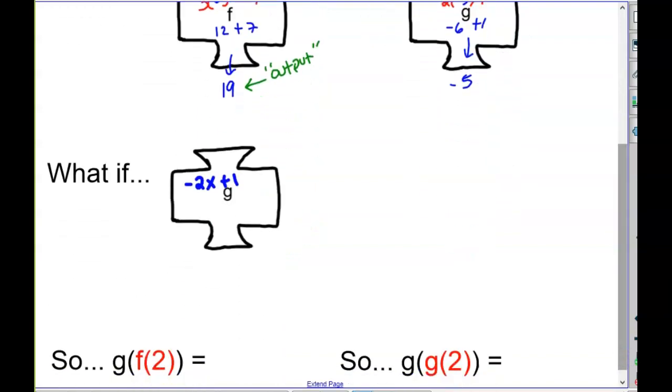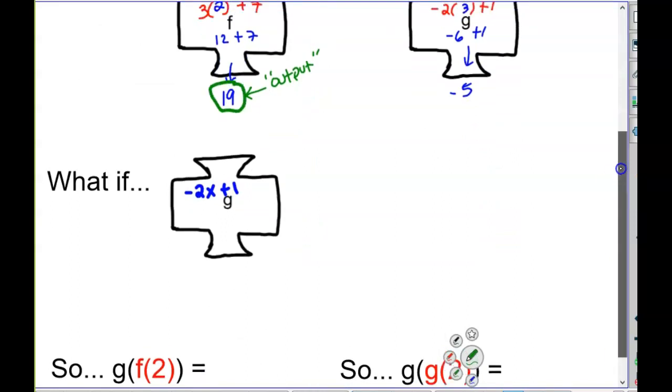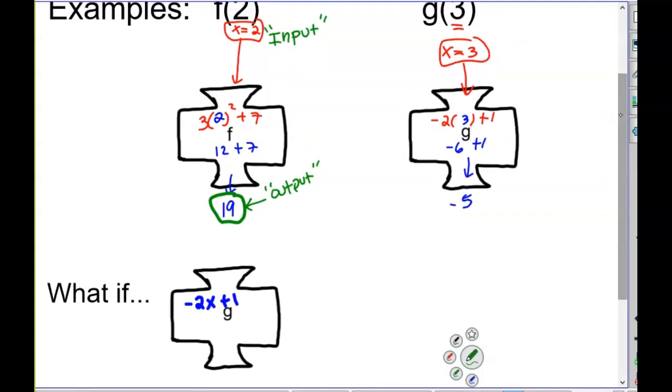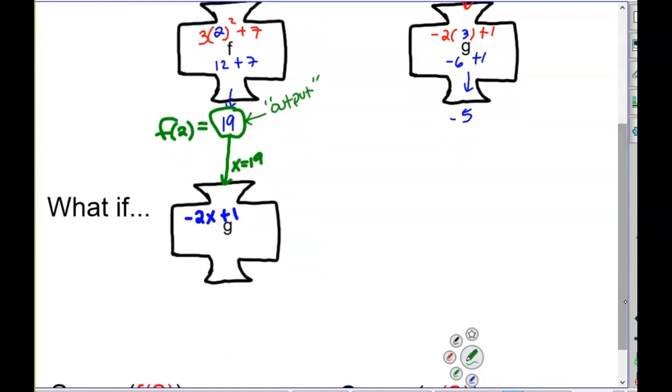What if I tell you to take that answer, that output that we had, so we're going to take f of 2, which, by the way, is f of 2. F of 2 is 19. Now I want you to take the output, and that goes into the function as my new x. So we're using the output from the first answer and applying it now in the function g.